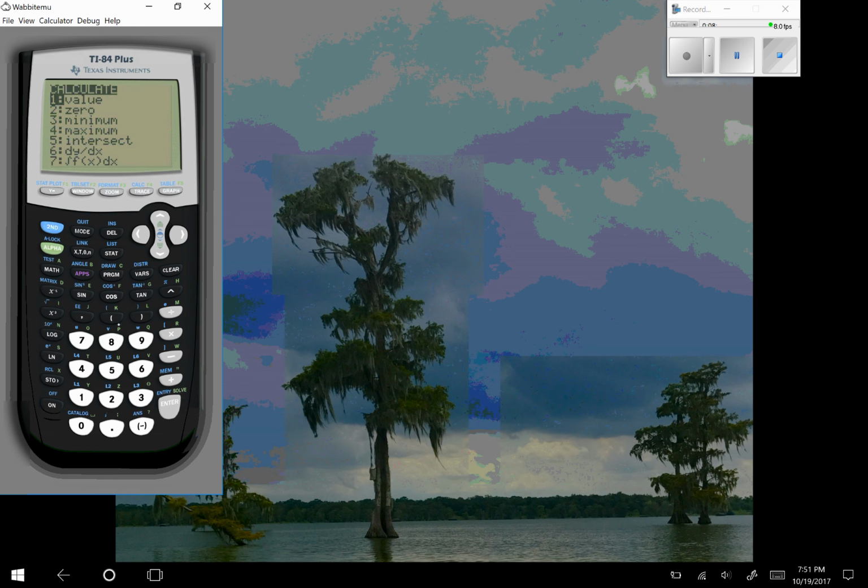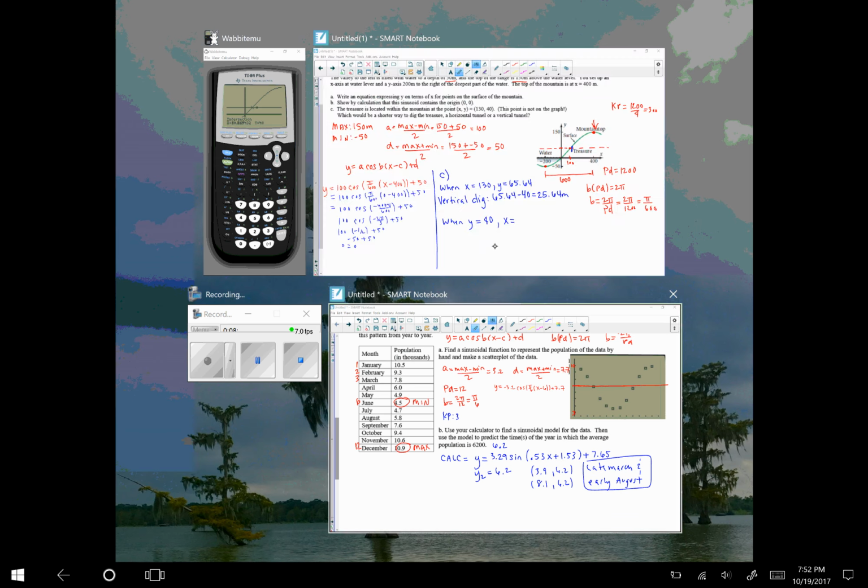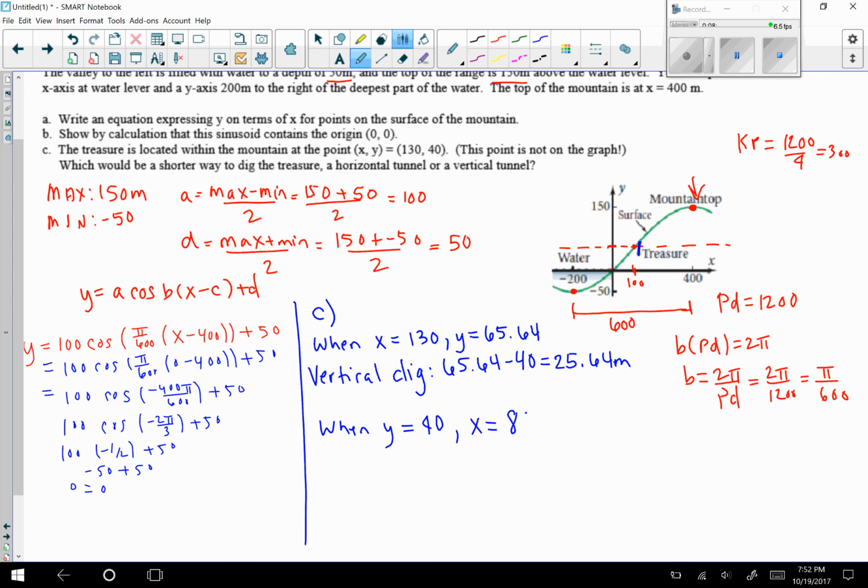So if I go to second trace, I'm looking at number 5, which is the intersection. And of course, you just get close to the intersection, hit enter 3 times. And you can see that the x value that we get from our graph would be 80.87. So that means if I'm looking horizontally, remember the treasure's at 130, so the horizontal dig is going to be 130 minus 80.87.